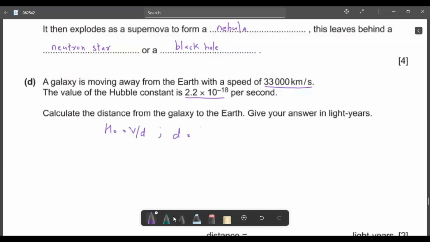So d is equal to v by H0, where v is given as 33,000 kilometers per second, divided by H0, which is 2.2 times 10 raised to minus 18 per second.